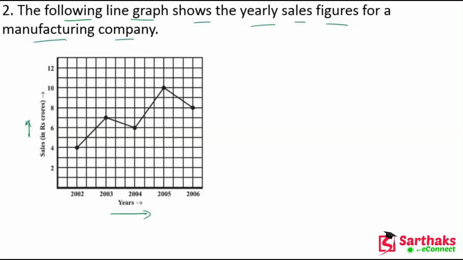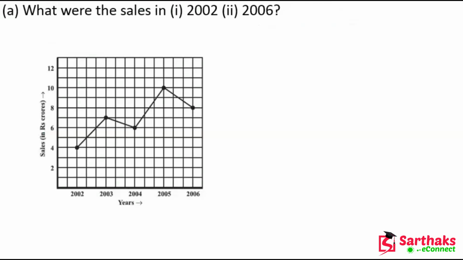Now it is asking, what were the sales in 2002 and 2006? If you observe this, the sales in 2002 is 4 crores, and the sales in 2006 is 8 crores.